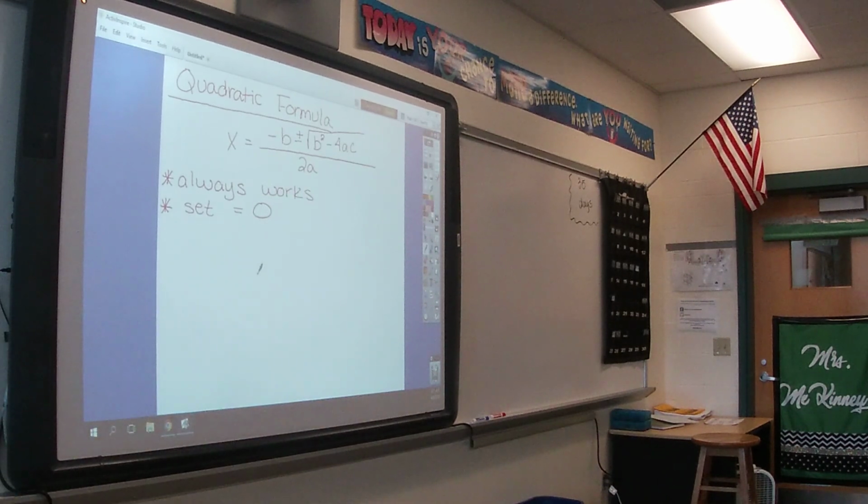Yesterday when we were deriving the quadratic formula, the original statement that I completed the square on was ax squared plus bx plus c equals 0. So that's the format we're going to have to be in today for the quadratic formula to work.